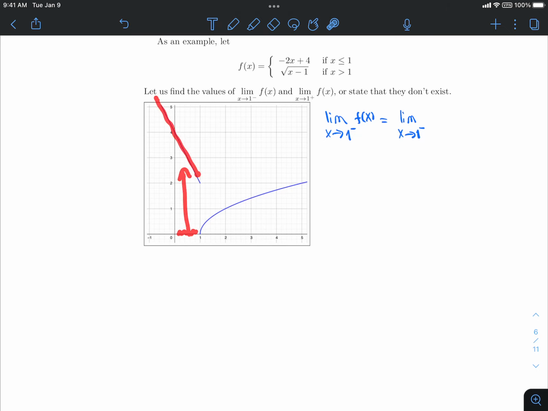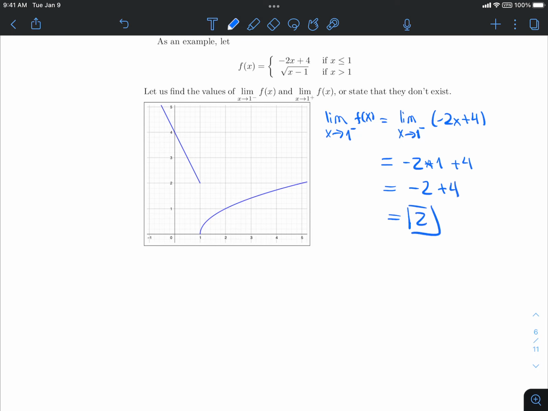So this is the line graph, the limit of minus 2x plus 4. That is a linear function, and linear functions are well behaved in terms of limits. They are continuous. We're going to expand on that wording in a different video, but we can calculate this by direct substitution: minus 2 times 1 plus 4, that's minus 2 plus 4, which equals 2. The little minus as a superscript on 1 doesn't translate back when you plug it in. That's just a symbol for the limit calculation.